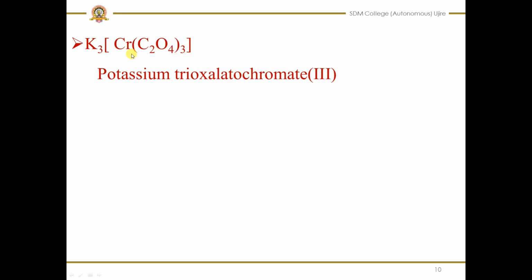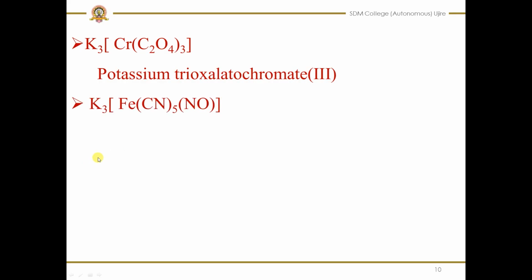But here the complex part is negative, so the name of the central metal atom ends with the letters ATE, and the oxidation state of this chromium is 3. So, the name of the coordination compound is potassium trioxalatochromate(III).